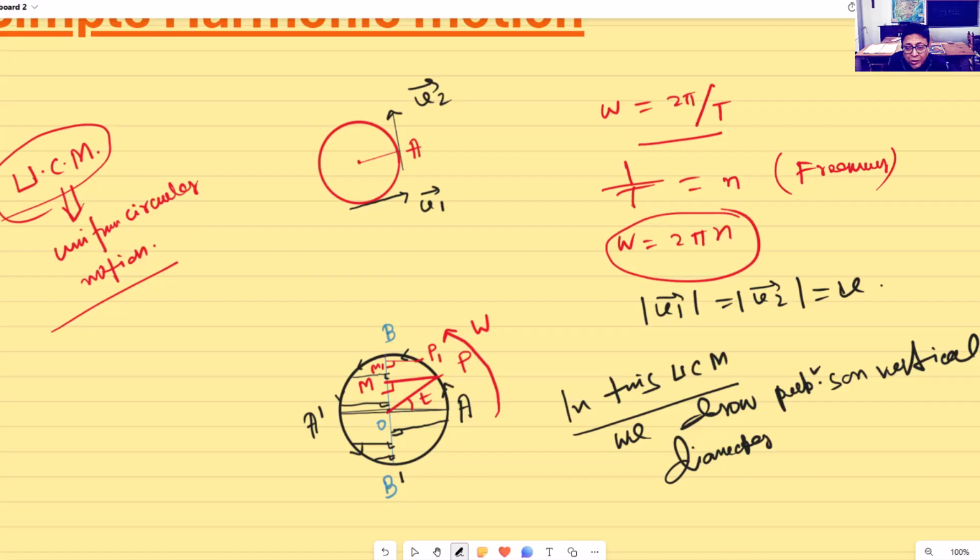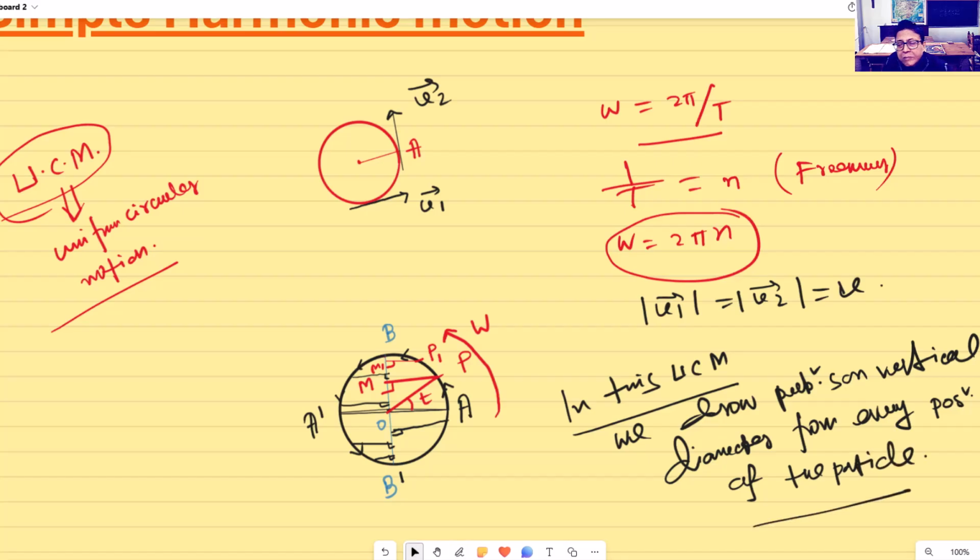We can do it on the horizontal diameter also, from every position of the particle. Then what do you observe?